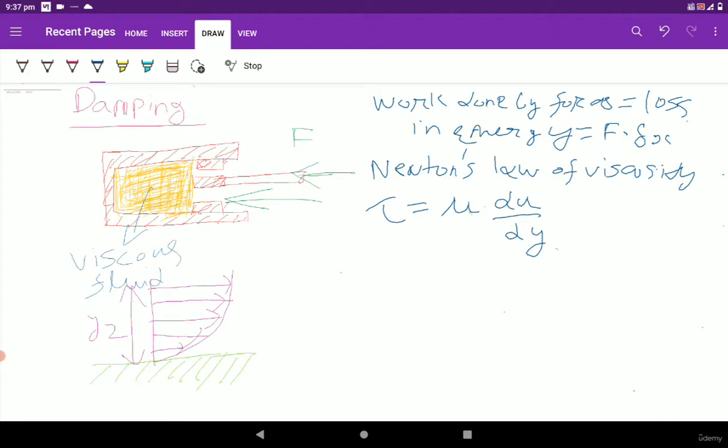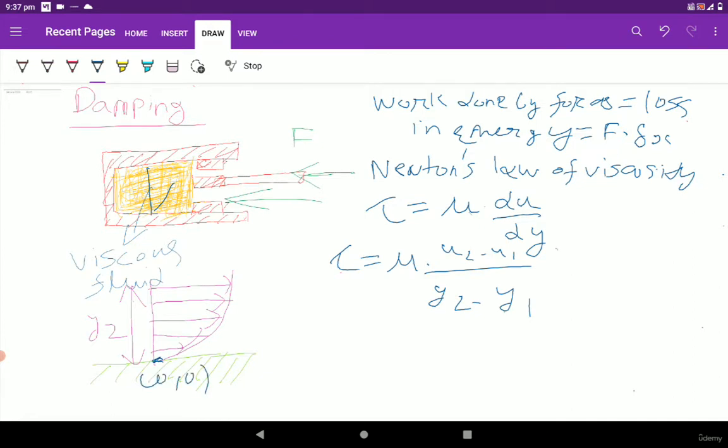So tau is equal to mu into u2 minus u1 upon y2 minus y1. At this point the coordinate is 0, 0.